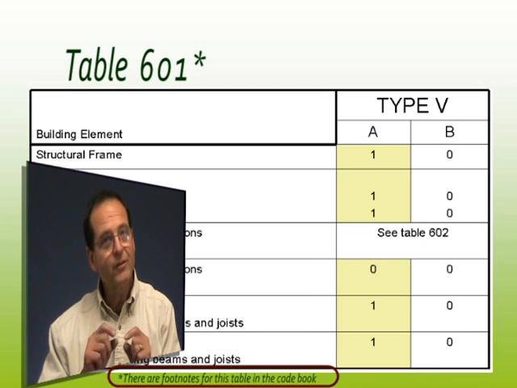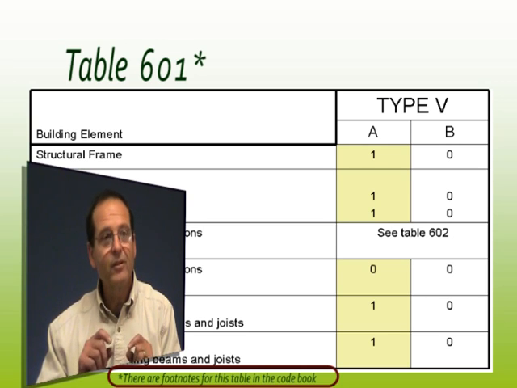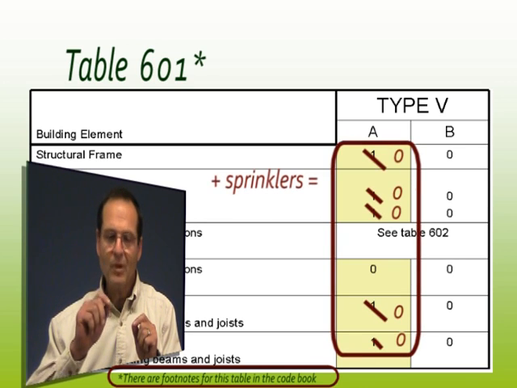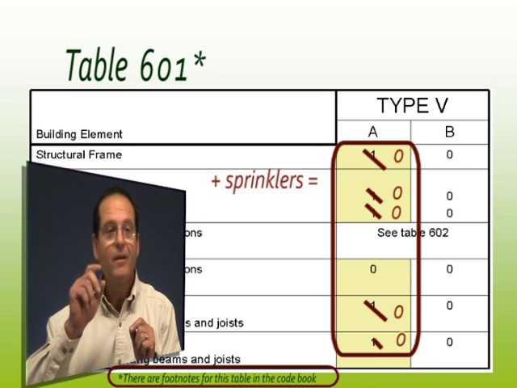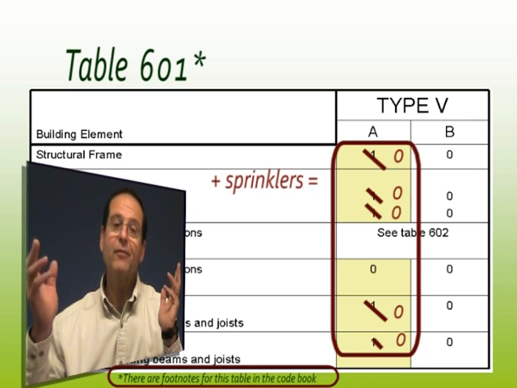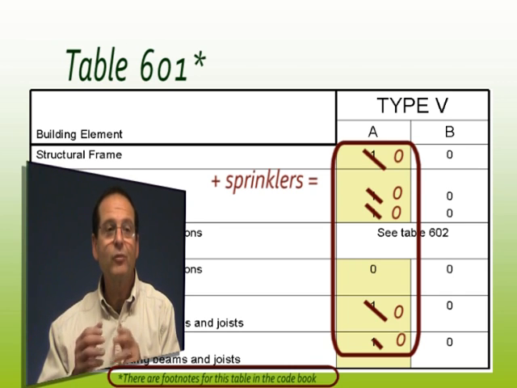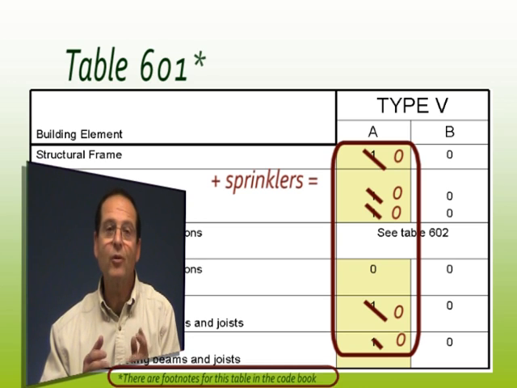And in the footnotes of this particular table, there's a piece that says, if you do have sprinklers, you can use it to, what am I looking for? You can use it to override, I guess is the best word I can think of right now while I'm standing here. Override that 1 hour. So since we have sprinklers, we can in fact have a type 5A with all 0 hours in there with this structure.